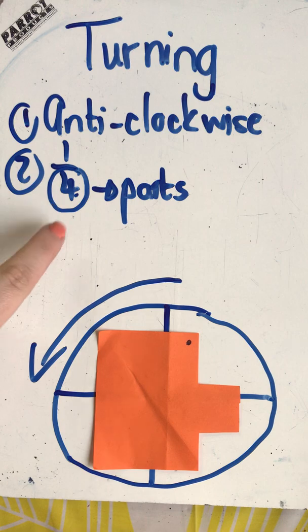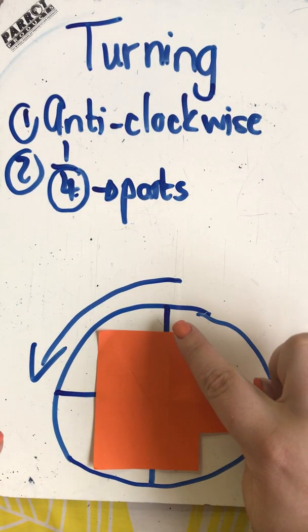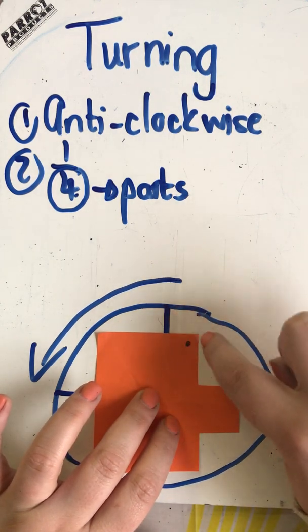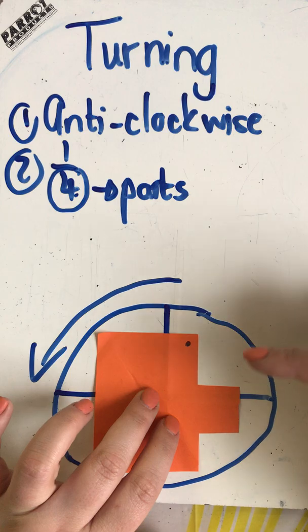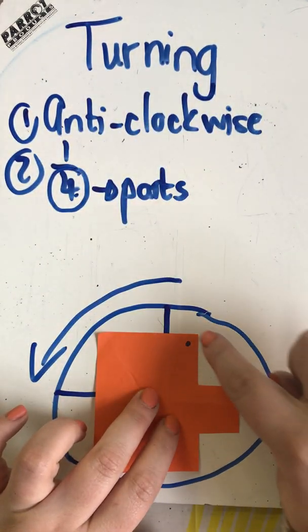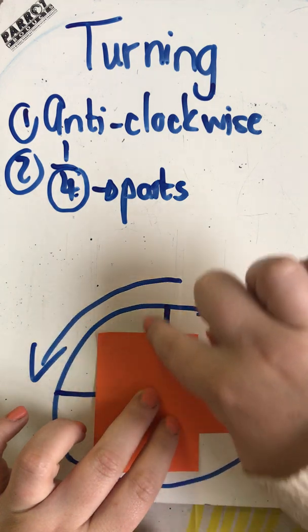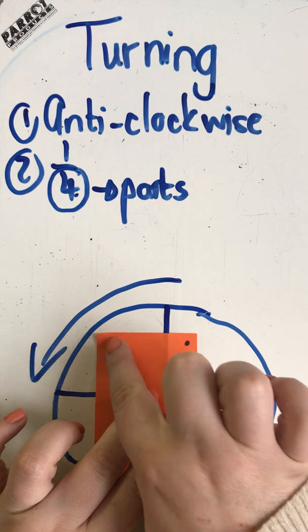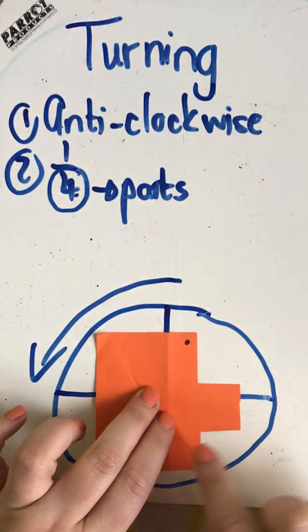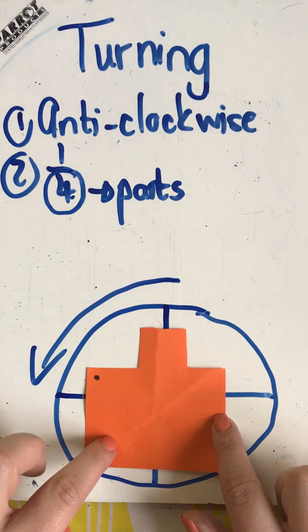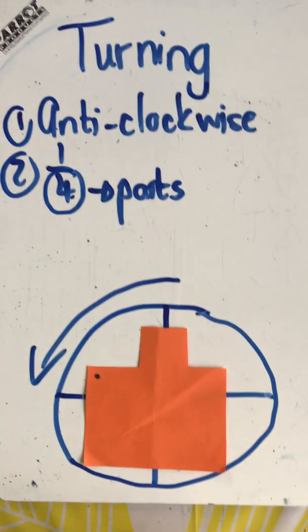They are saying move it a quarter of the way. So whatever is in this quarter where my dot is, this little part must now move that way, but only one of the blocks. So this I now want in this block because that is going anti-clockwise and to the next one. So I turn it once out of the 4 and there's my answer.